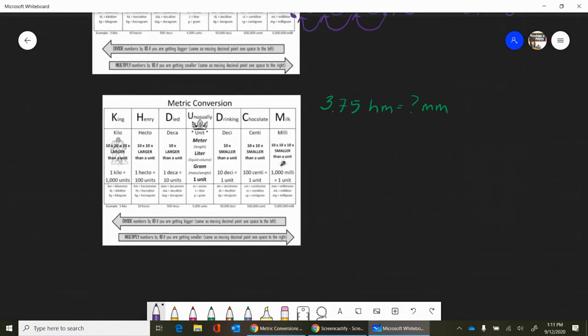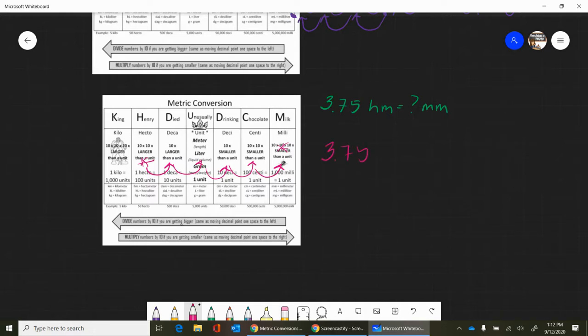And try one more. This is hm. H tells me, use a different color pen this time. H tells me that I am in hecto. So I'm starting right here and I'm moving to millimeters. So I'm moving to here. So I'm going to move the decimal place 1, 2, 3, 4, 5 spaces to the left.